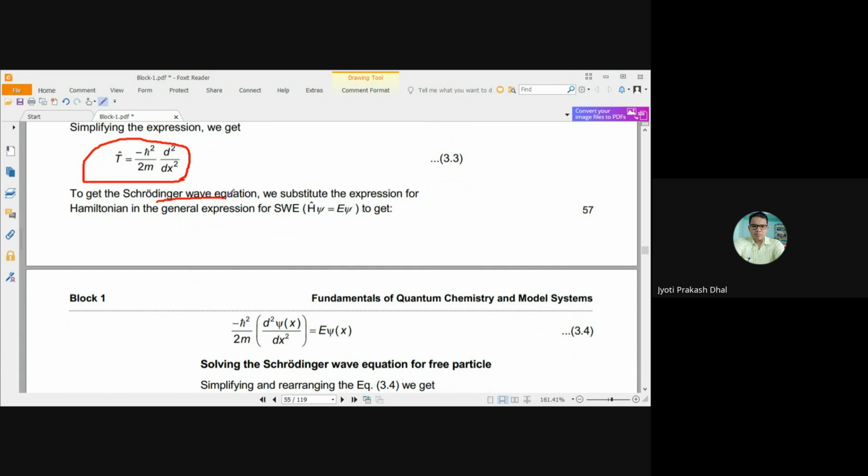Now, to get the Schrodinger wave equation, we substitute the expression for the Hamiltonian in the general expression, that is H cap psi equals E psi.